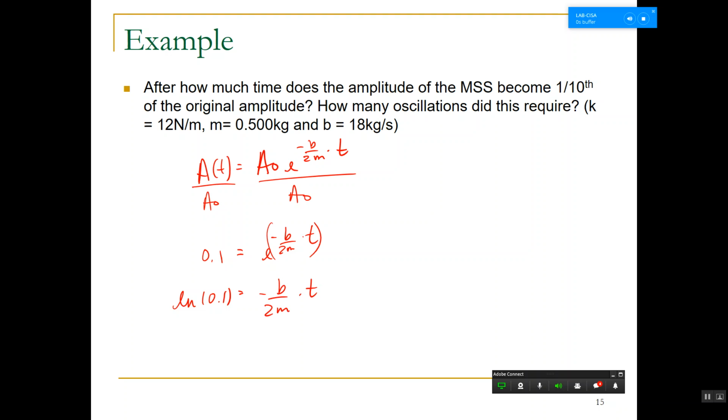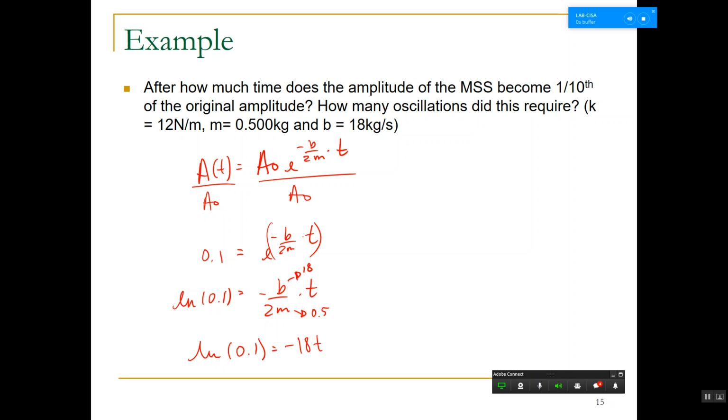My b in this case is given to me, it's 18. My m is given to me as well, it's 0.5. So what I have is that the ln of 0.1 is equal to negative 18t, because 2 times 0.5 is just 1.